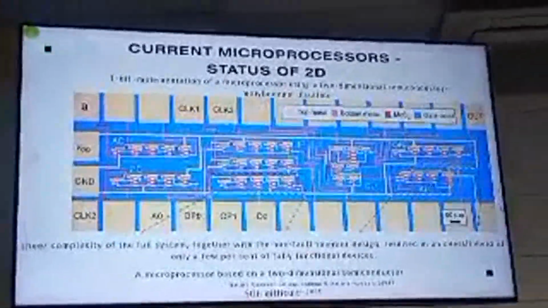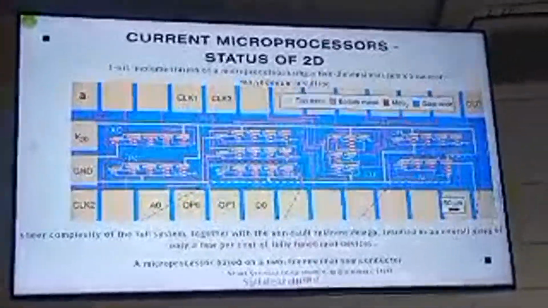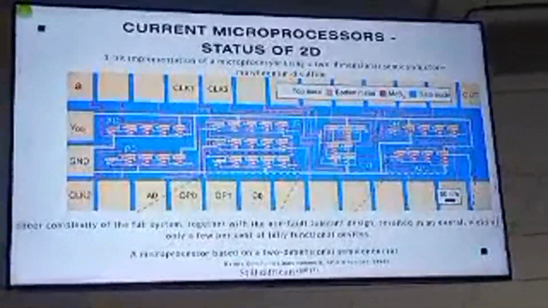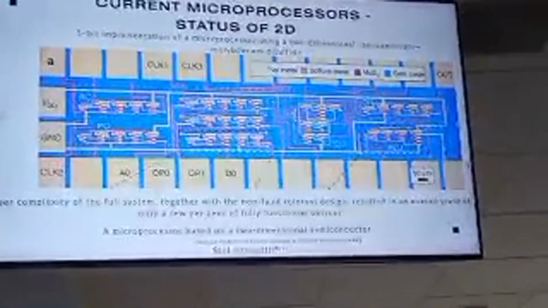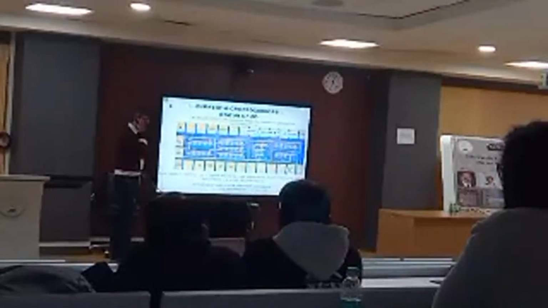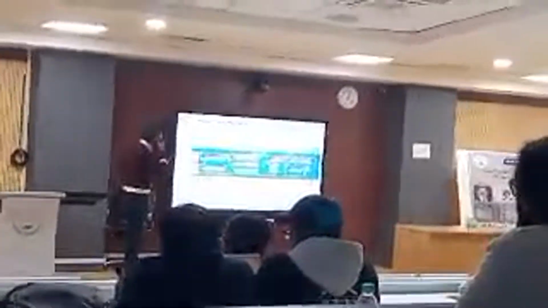And for that, we have published maybe 100,000 papers in the last 20 years with 2D, asking whether 2D can replace current microprocessors. Of course, in 2017 there is one paper where a 1-bit implementation of microprocessors in 2-dimensional semiconductors was proposed. This is the complex architecture of the microprocessor.